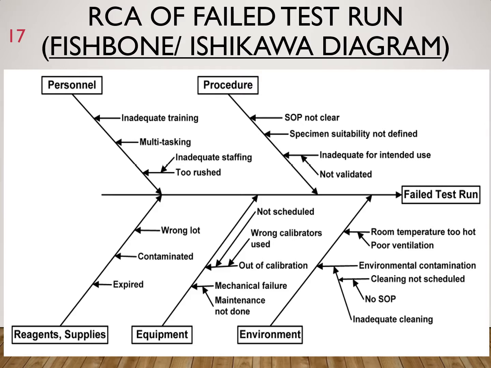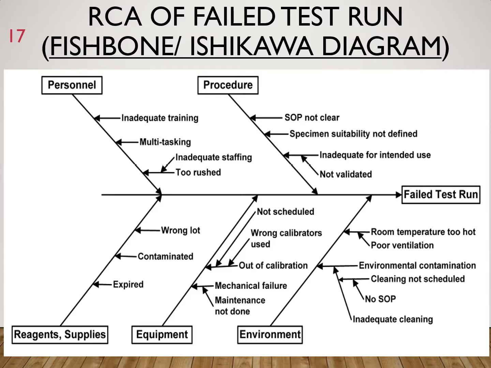In order for a test run to fail, each possible cause under these factors are listed. For example, problems affecting the personnel can be due to inadequate training, multitasking, inadequate staffing, and overworked staff.